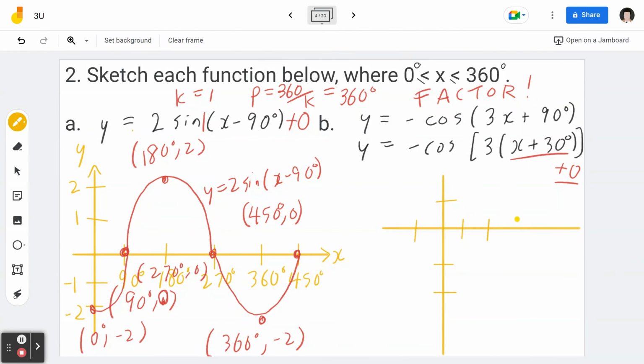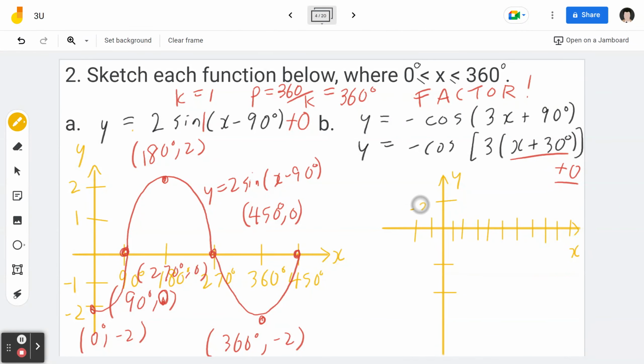So maybe I should extend this a little bit. So let me double this for you. And we'll add more as we need to. So again, all I'm saying is that at this moment, our starting point is going to be left by 30 degrees, and it's going to be down by 1. So let's say this is negative 30 degrees. Let's see if this will work out.